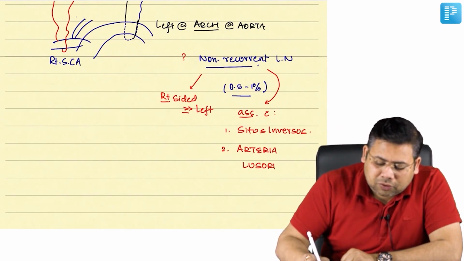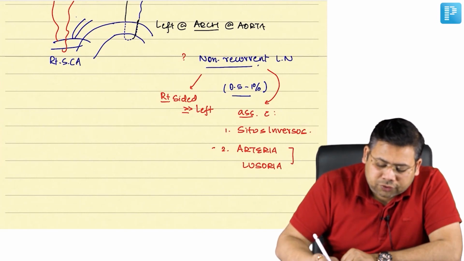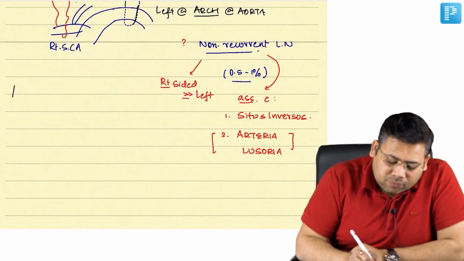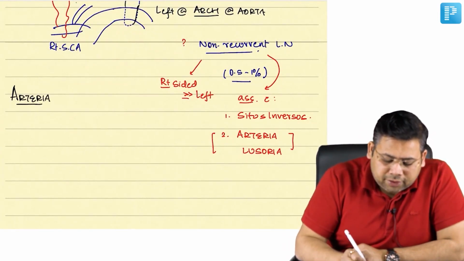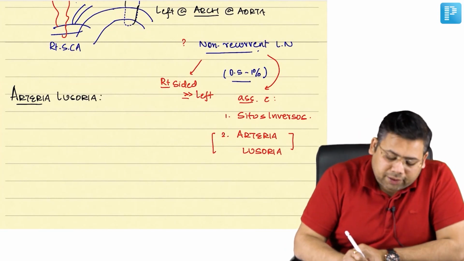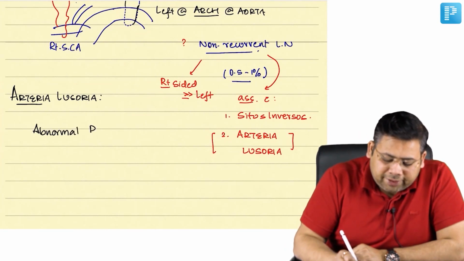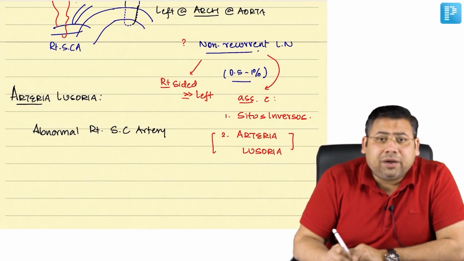Let us talk about this concept of Arteria Lusoria also. Arteria Lusoria is an abnormal right subclavian artery. What is the abnormality in this?